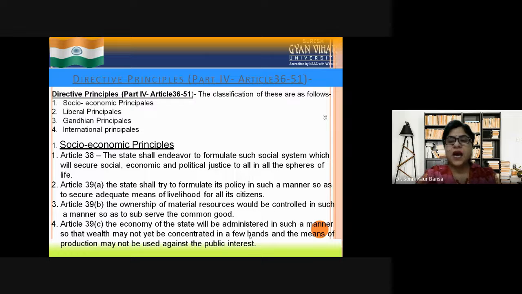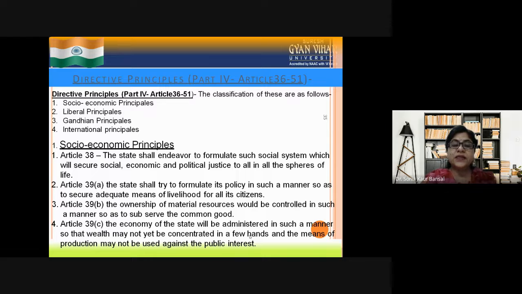And in this, Articles 38, 39A, 39B, 39C are mainly involved. So let's study. Article 38 is about the state shall endeavor to formulate such a social system which will secure social, economic, political justice to all in all the spheres of life.